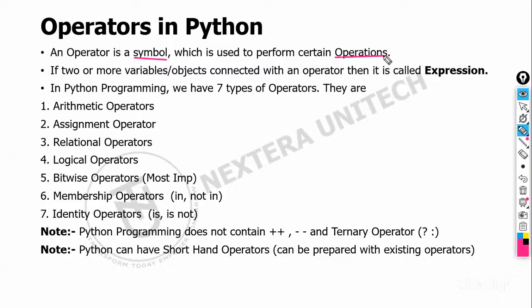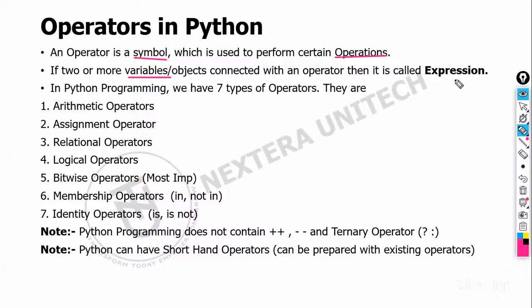We can perform operations on the data by using these symbols. If you are able to connect two or more than two variables or objects using an operator, it becomes an expression.